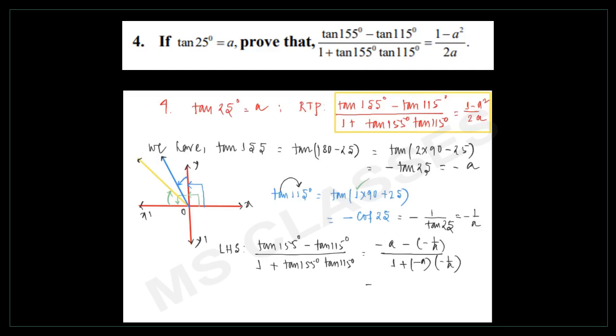Now if you simplify, this will be 1 minus a square by 2.